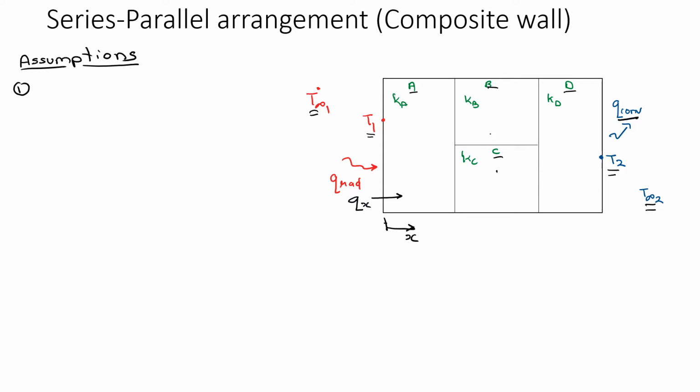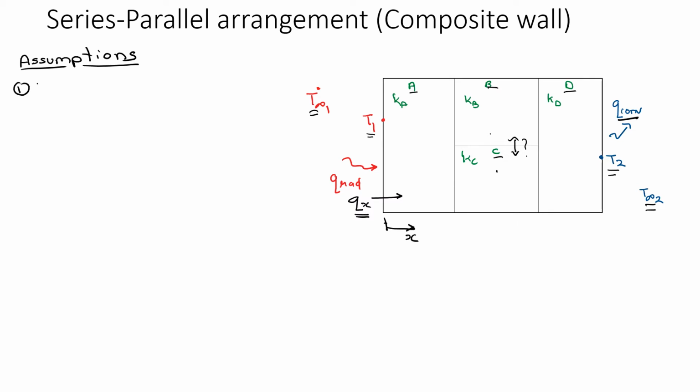Our first assumption is that we just have heat flowing in one direction. There's no information given about heat exchange between block B and C, so we don't have any information about that.